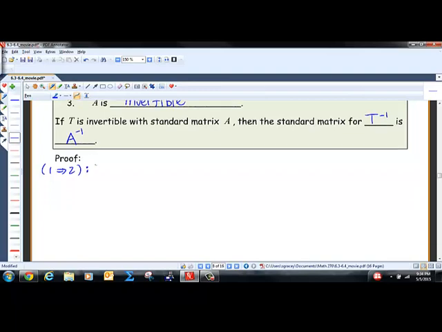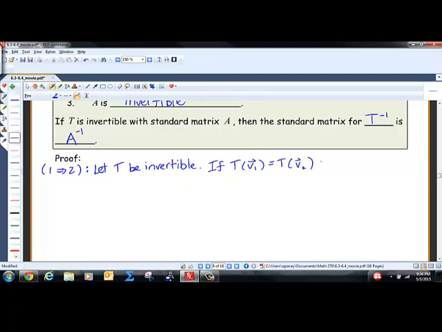We're going to let T be invertible. So that means if we have T of V1 equal to T of V2, then what would be true?